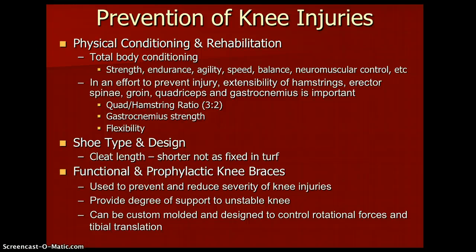So, for example, the gluteus medius, and I'll go over this later in the lecture, is one of the muscles that will control external rotation of the hip, and as you'll see in further slides, that's going to be very important, along with all these other musculature, so the quad to hamstring ratio, gastrocnemius, strength and flexibility.